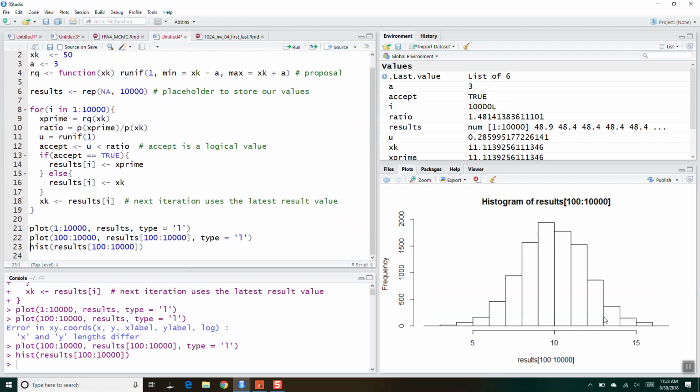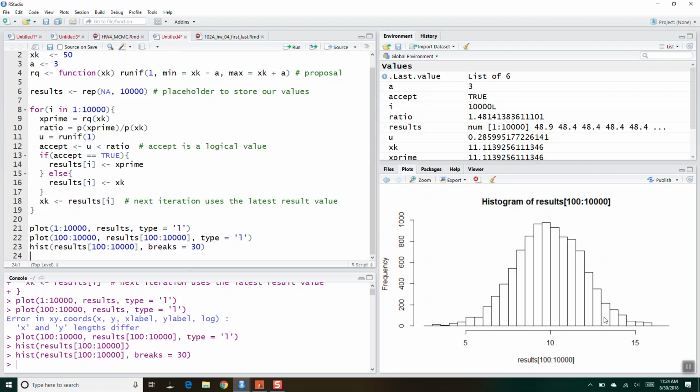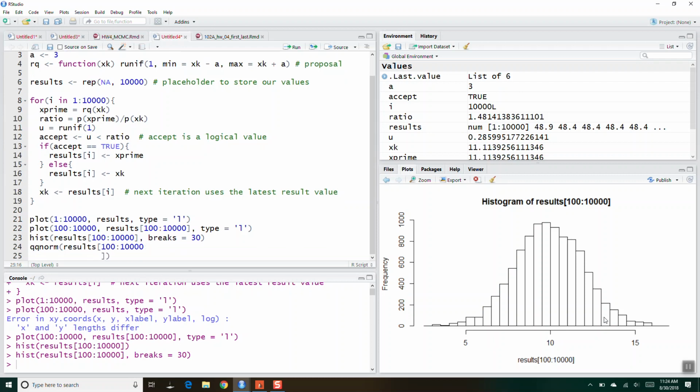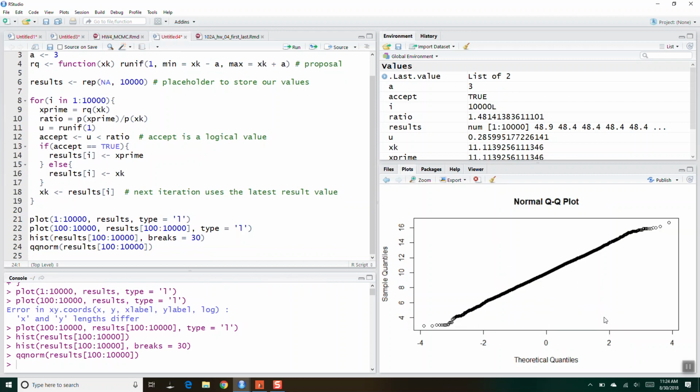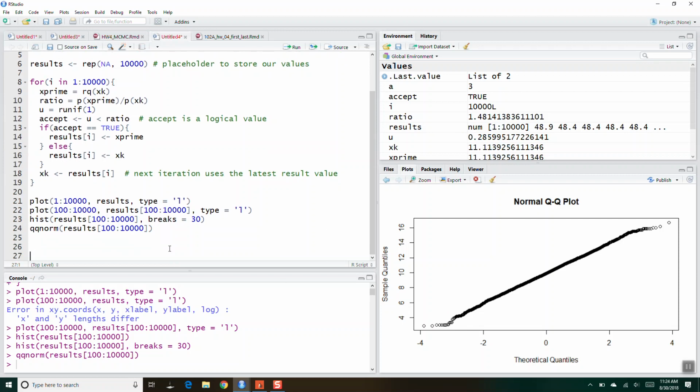Okay, that looks pretty normal to me. Yeah, that looks pretty good, I'd say. Not the greatest, but okay. So we have some issues in the tails. But that looks pretty good.